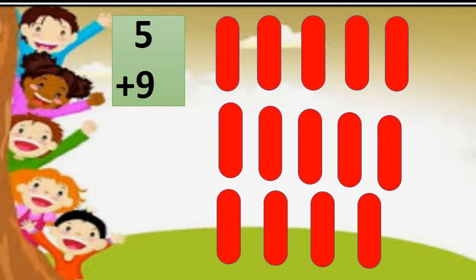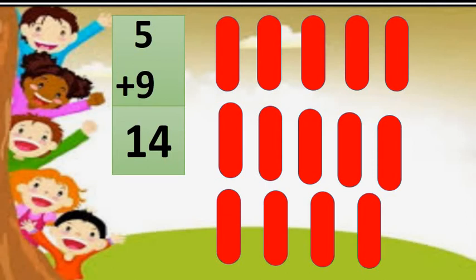Let's count all the objects together. 1, 2, 3, 4, 5, 6, 7, 8, 9, 10, 11, 12, 13, 14. 5 plus 9 is equal to 14. Completed. Make sure, dear, your handwriting must be good.